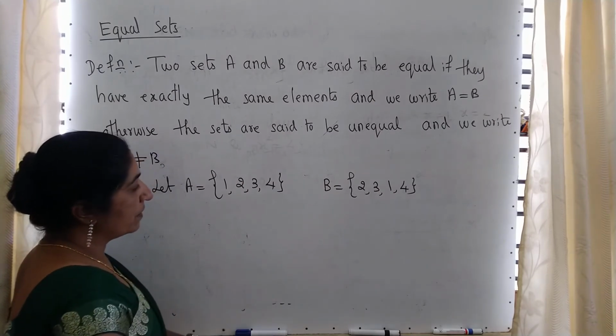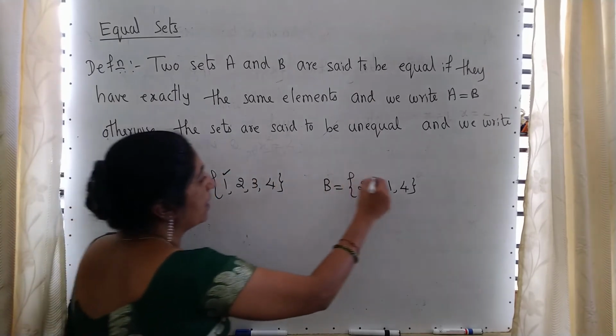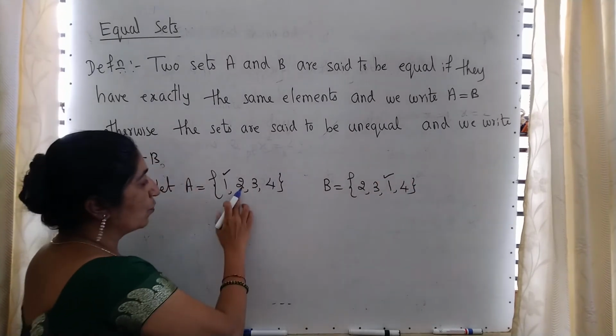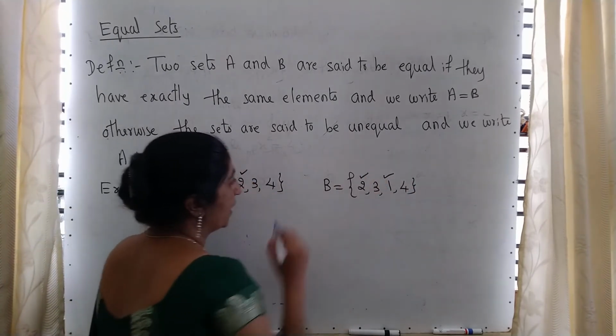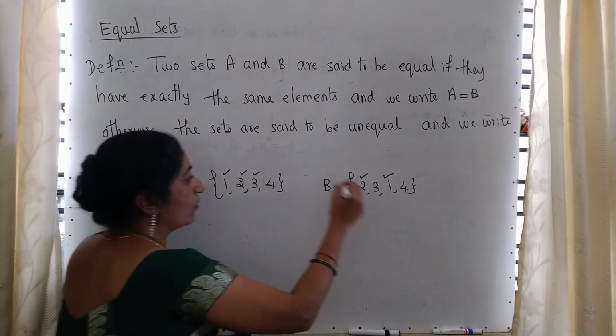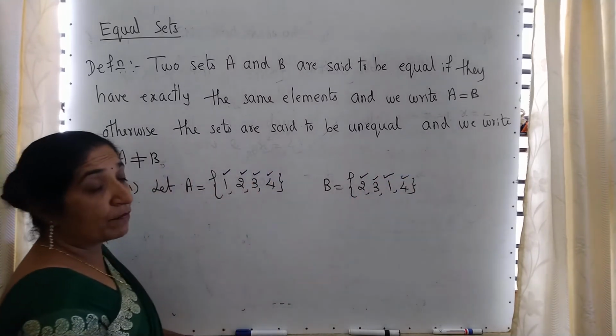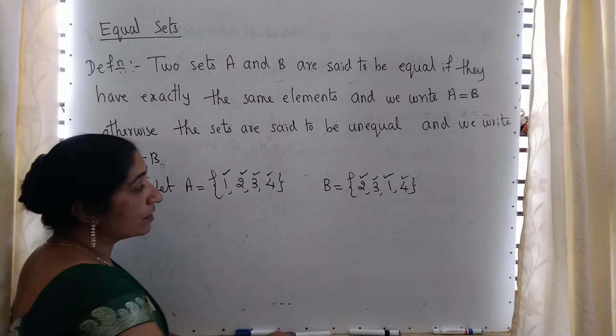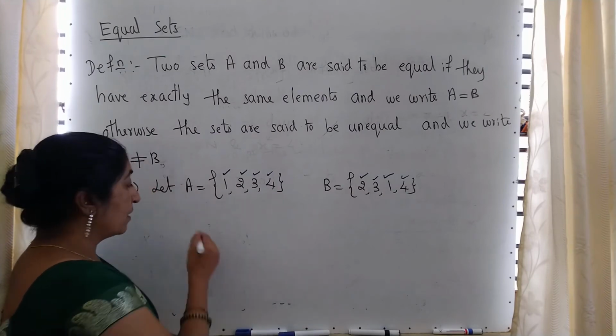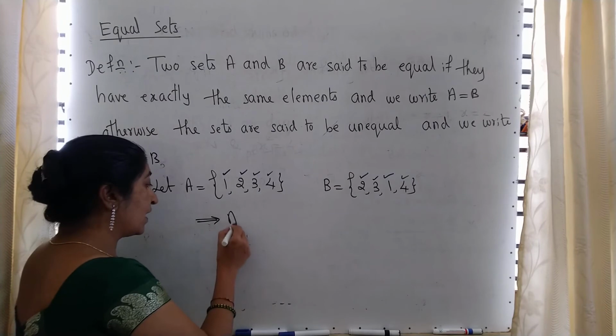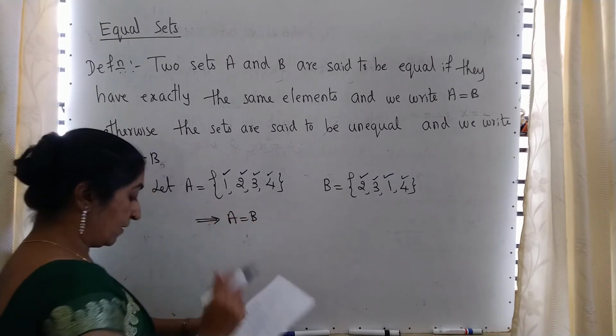It is present in both A and B. And 2 is also present in both A and B. 3 is also present, and 4 is also present. That means in number wise and element wise they have the same number, same elements. Therefore we can write that A is equal to B.